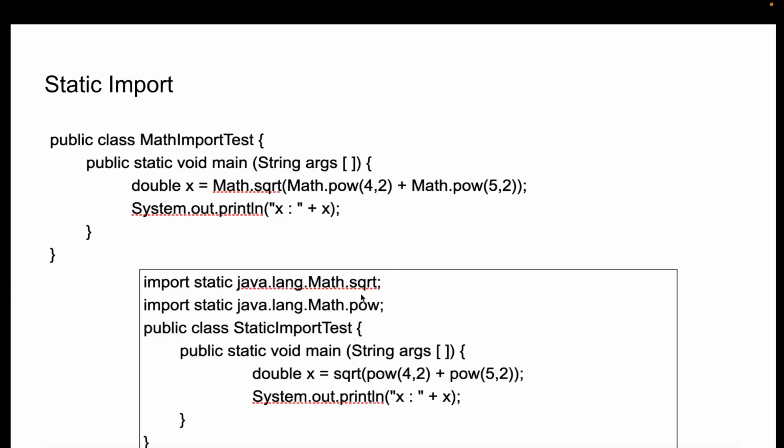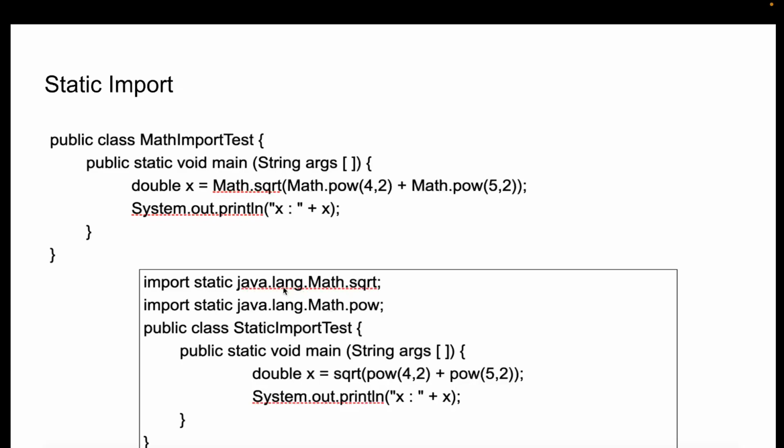These Math.sqrt and Math.pow are built-in libraries in a Java static class. So Java has already provided these built-in methods in the form of a static class. So you can basically call it, and you know that any static method can be called by a class name, right? So Math.sqrt. But we have already done the static import.